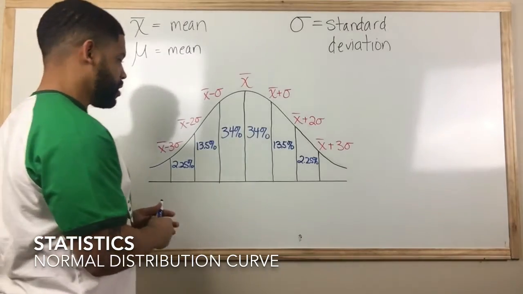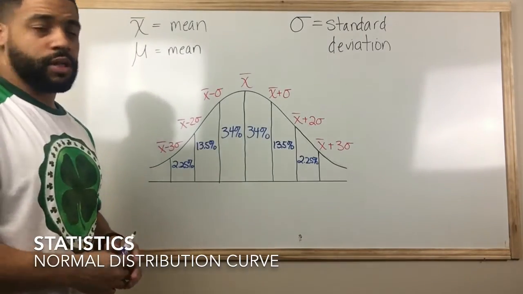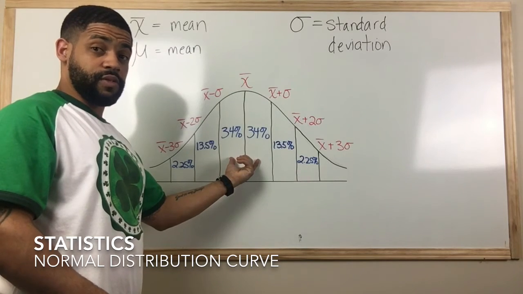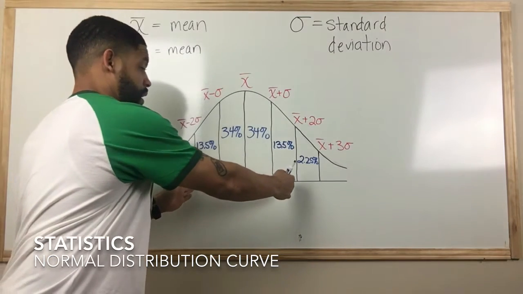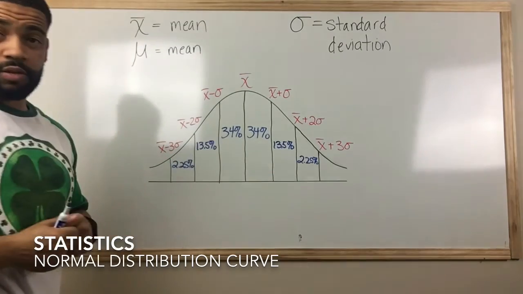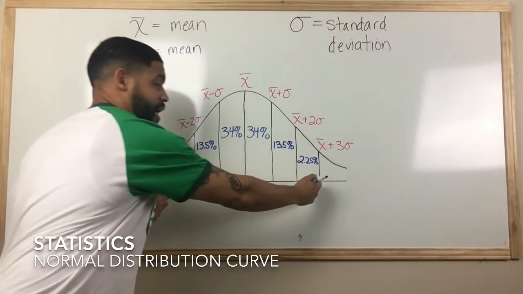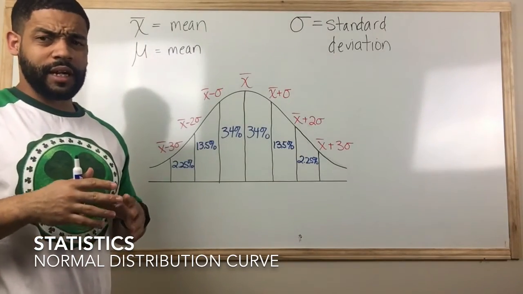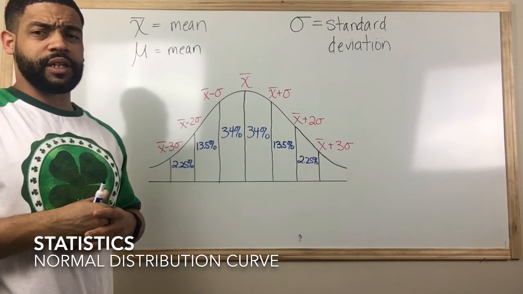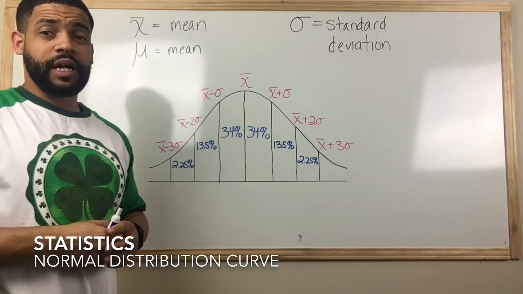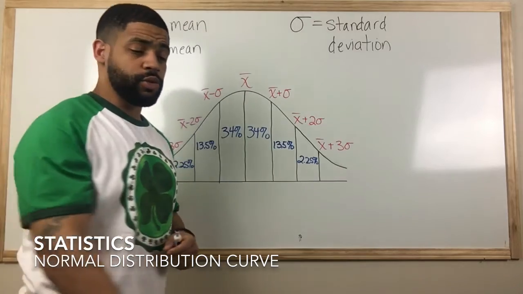So basically, when you put these numbers together, 68% of the elements are within 1 standard deviation of the mean, 95% of the numbers in the data set are within 2 standard deviations of the mean, and 99.5% of the elements in the data set are within 3 standard deviations of the mean. And that is your normal distribution curve.